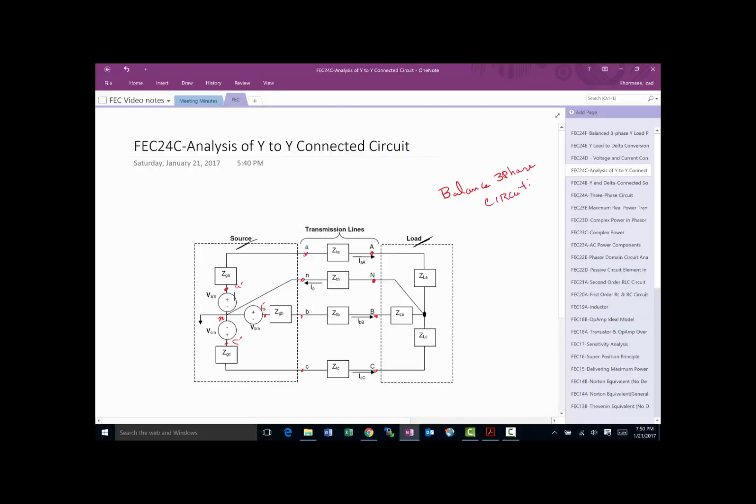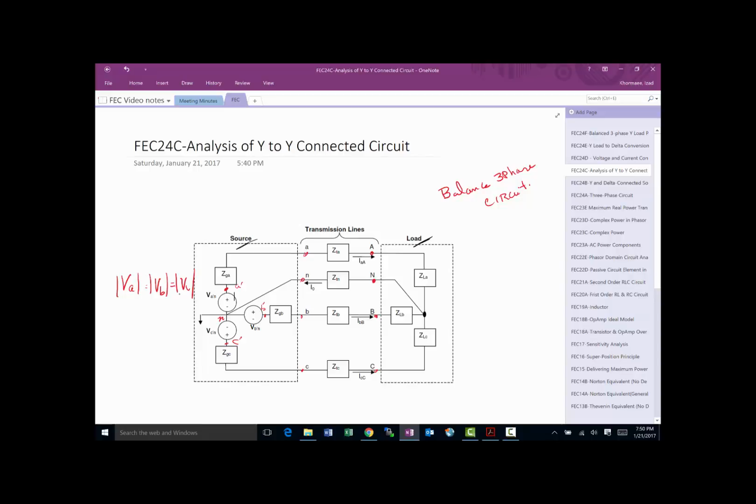If that's the case, then the magnitude of VA must be equal to the magnitude of VB, must be equal to the magnitude of VC, because if it's balanced, they all have to have the same magnitude, of course the same frequency, and they have to be 120 degrees out of phase, as we've talked about in previous videos.